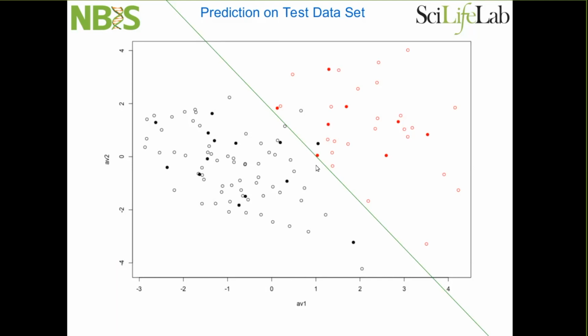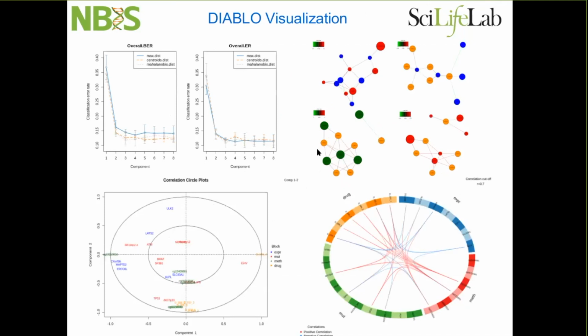I hope this gives you a little intuition of how you evaluate the error of your model. You first train your model, and then you take test samples and see where they end up. If the black ones usually end up on the left side of the boundary, then it's a generalizable model. If there is some misclassification, then it's a less accurate model.